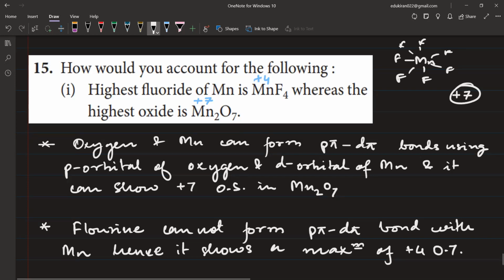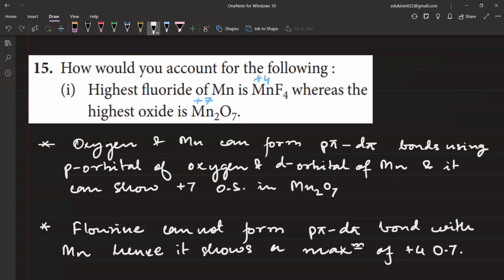But the thing is, if you are going to have 7 different fluorine atoms around Mn, fluorine's electronegativity is very high. And if you attach the most electronegative element, and not only 1, 7 fluorine atoms, then Mn will be very, very unstable. Okay. And that is why, see here, it is attached to 7 oxygen, but how many Mn atoms does it have? It has 2 manganese atoms.